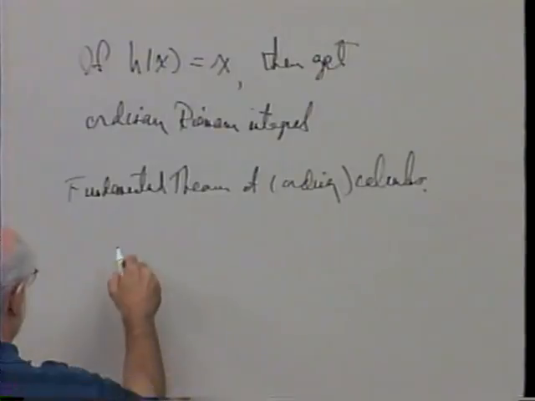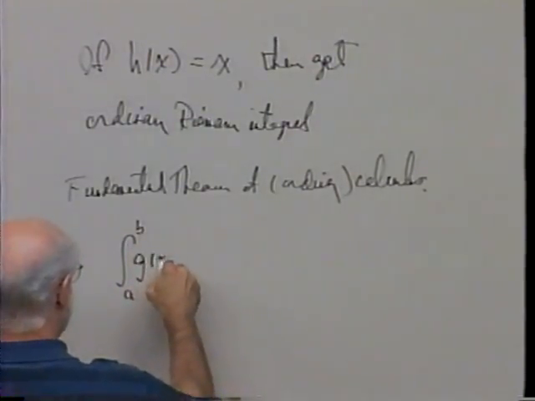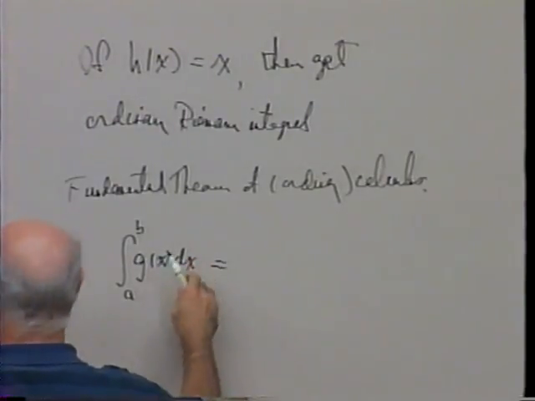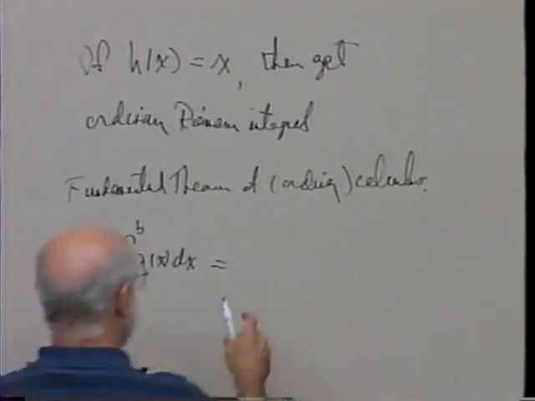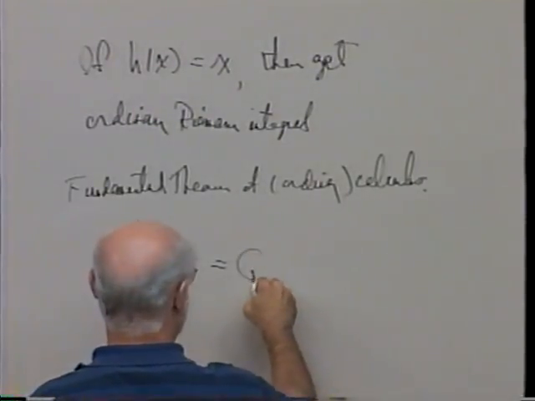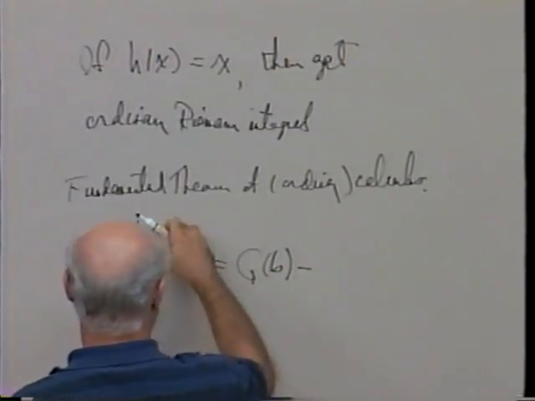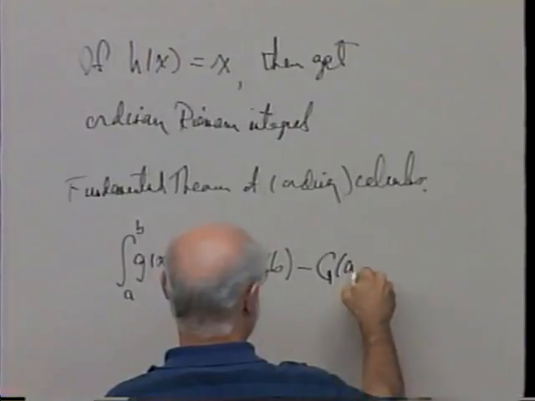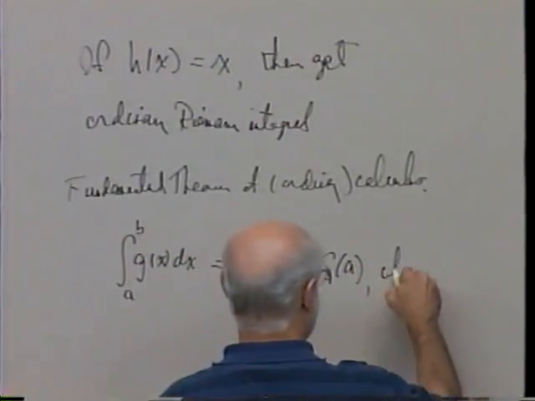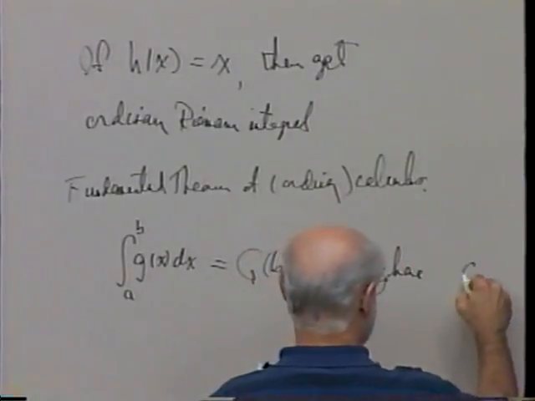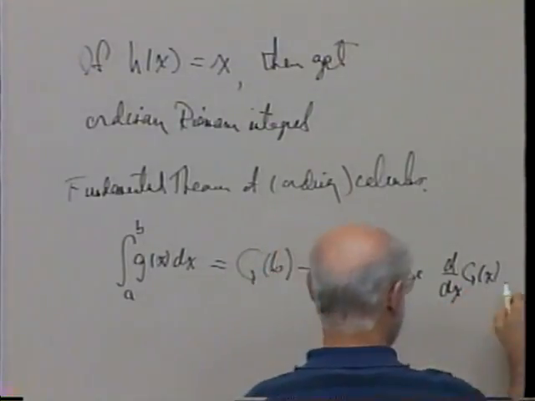The idea is that if I want to evaluate the integral from a to b of g of x dx, that's the ordinary case, h of x equals x, then what I do is find some other function, capital G, and simply take capital G at b and capital G at a and subtract them. And the way I get capital G is this, where capital G of x is the function whose derivative is little g.